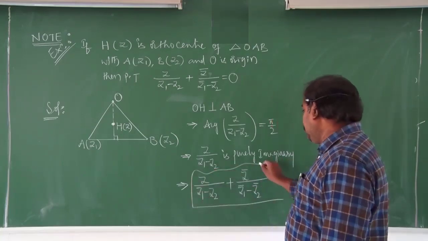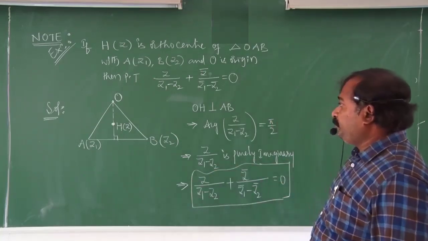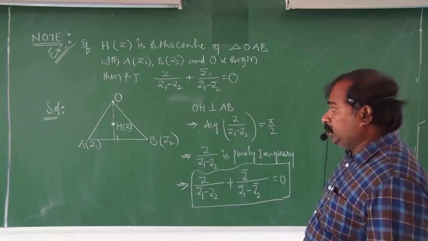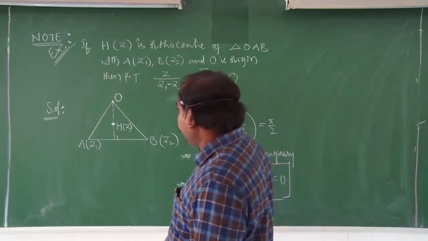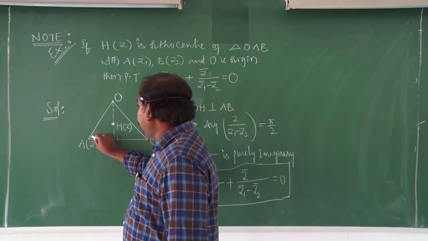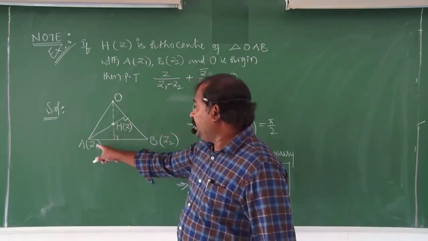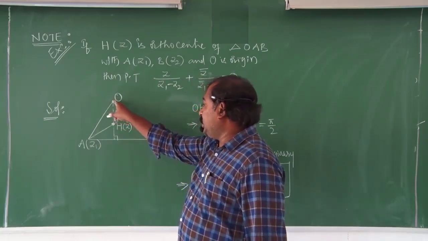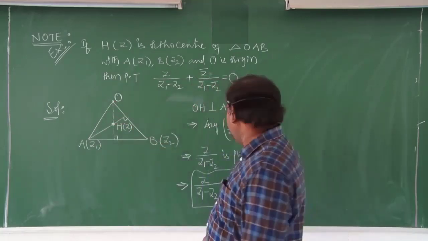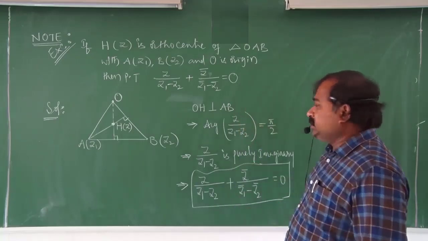This is the condition they are asking. You can derive one more condition also. If you observe here, at the altitudes' concurrent point, AH is also perpendicular to OB. Okay, we got it.